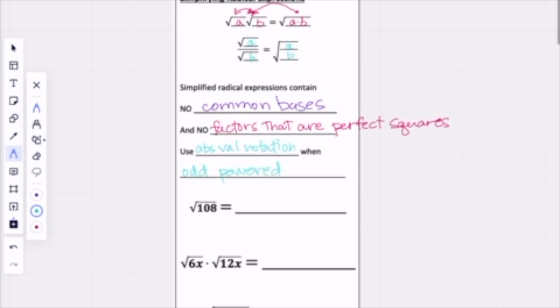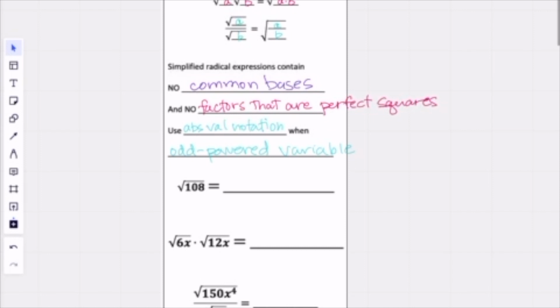Okay. That's because we know we want it to represent something positive. And if we just look at variable x, x could represent something positive or negative. So once I put absolute value bars around the x, we know it represents something positive.